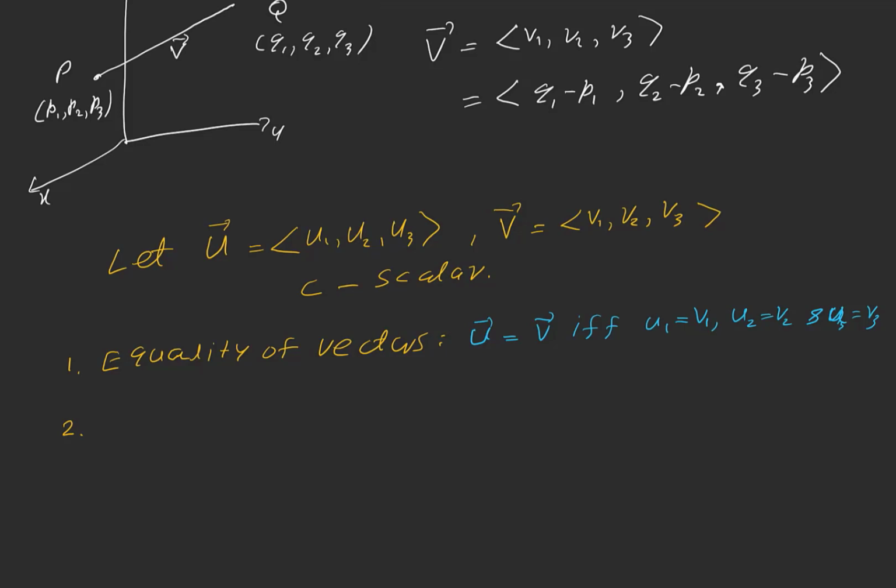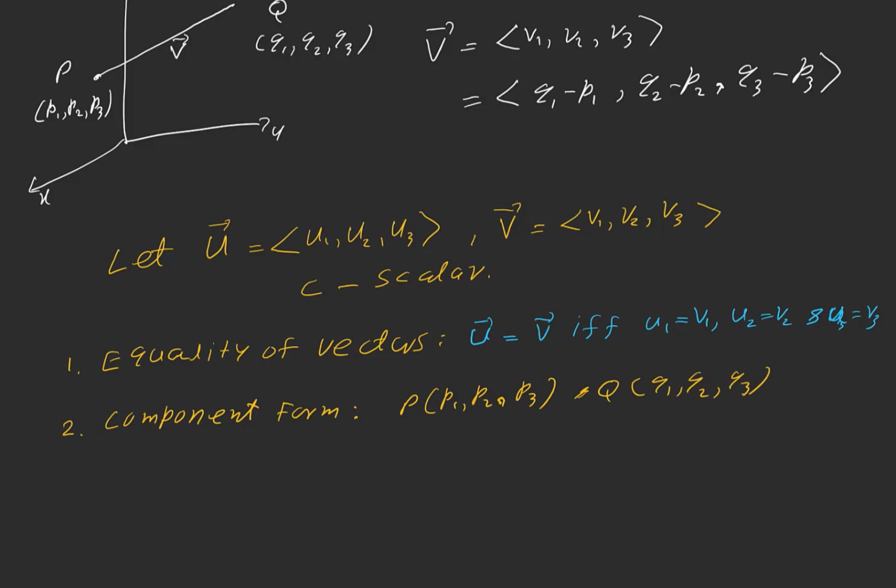Then how do we write the component form? Again we have P (p1, p2, p3) and Q (q1, q2, q3).